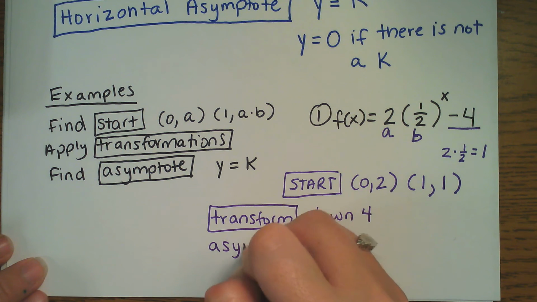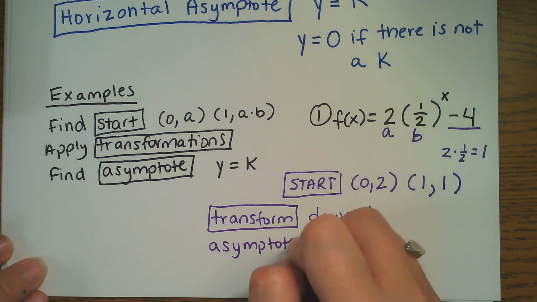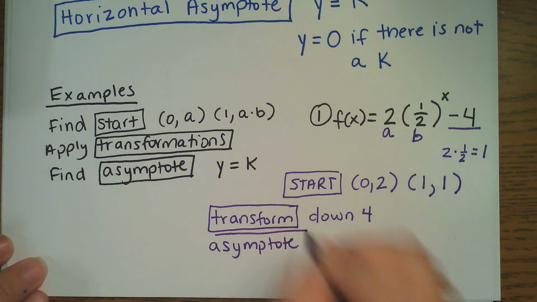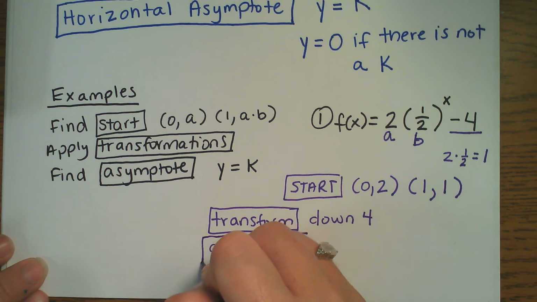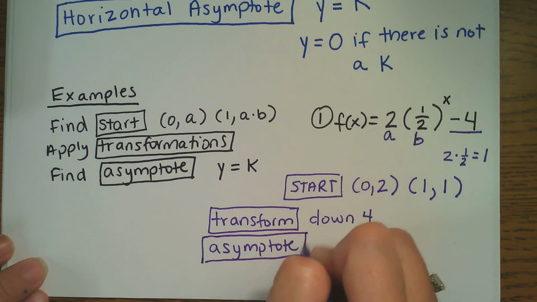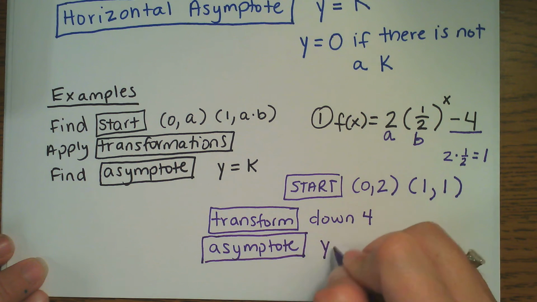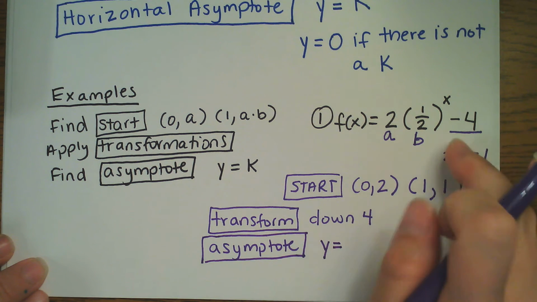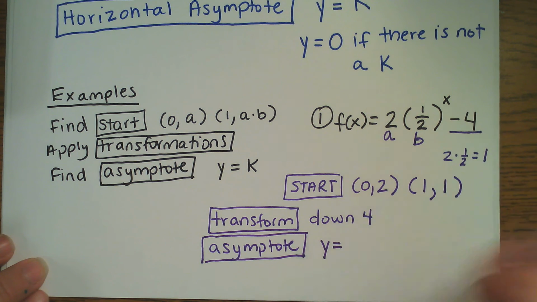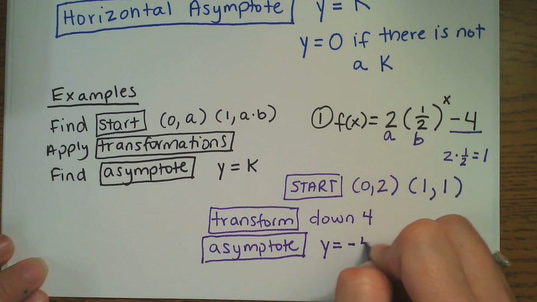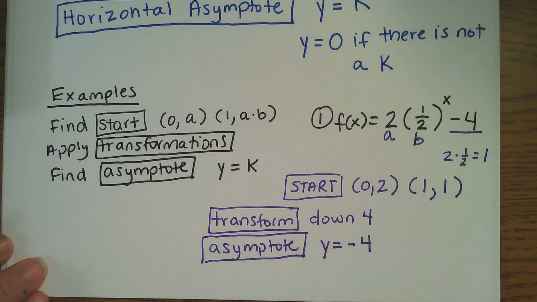And my asymptote is going to be y equals that same number. So I'm going to use -4 as my asymptote.